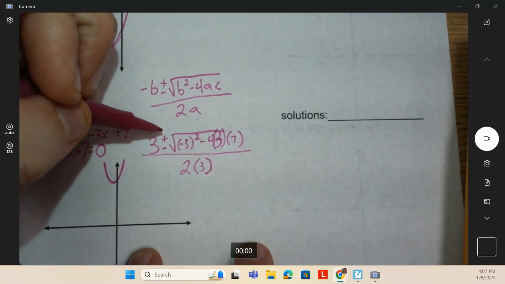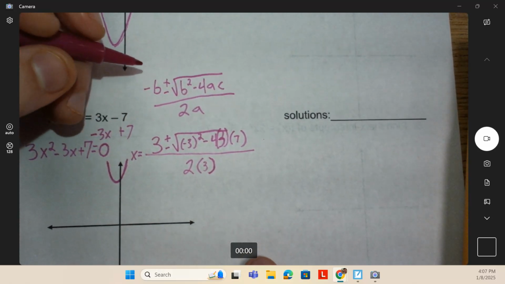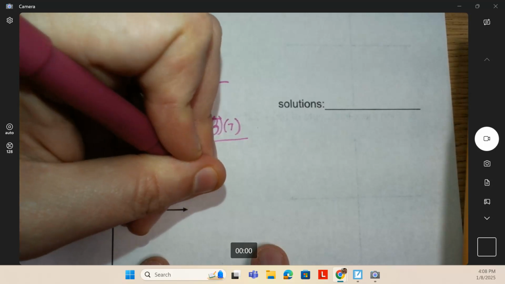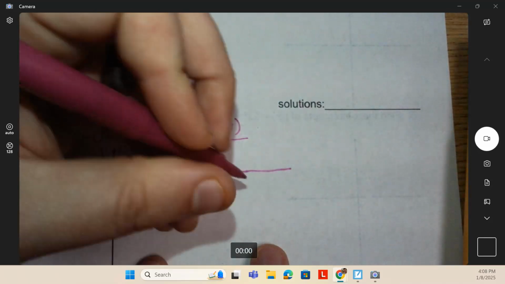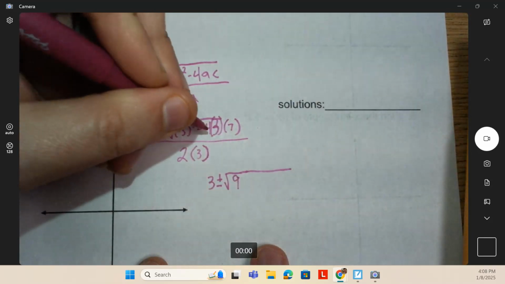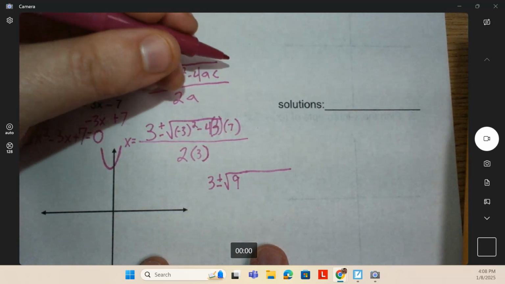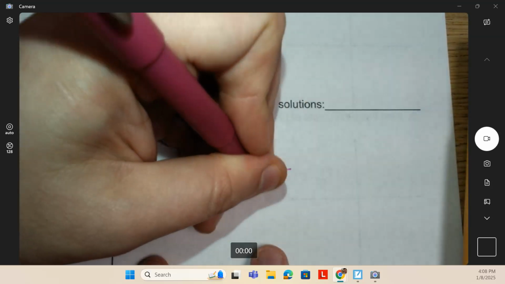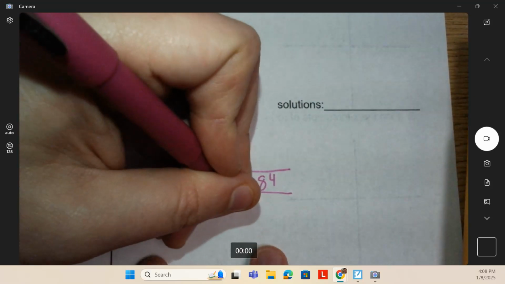Okay, so as I solve this, that's going to be x equals those. So x is equal to 3 plus or minus the square root of negative 3 squared, which is 9. 4 times 3 is 12, times 7 gives me a negative 84, over 2 times 3, which is 6.